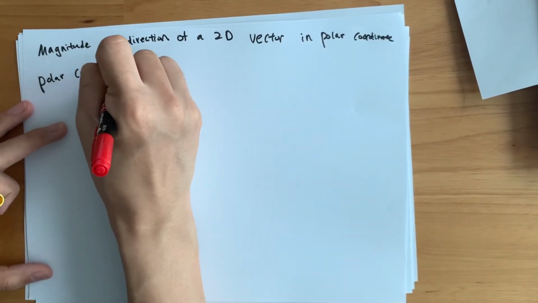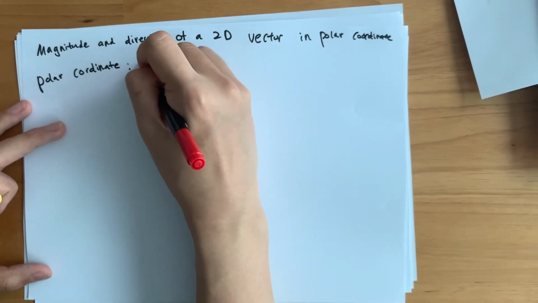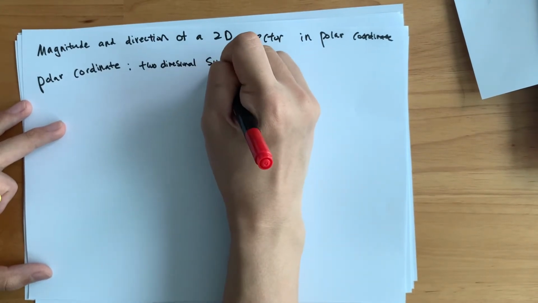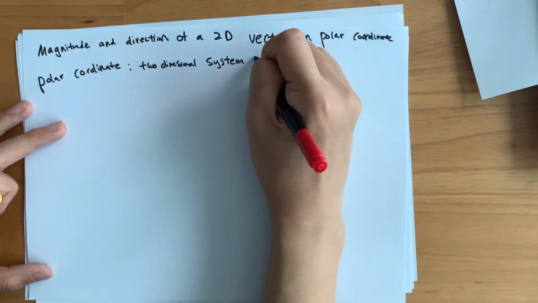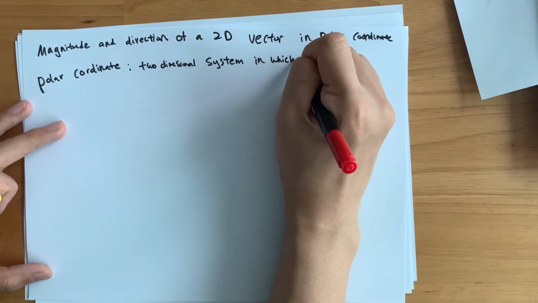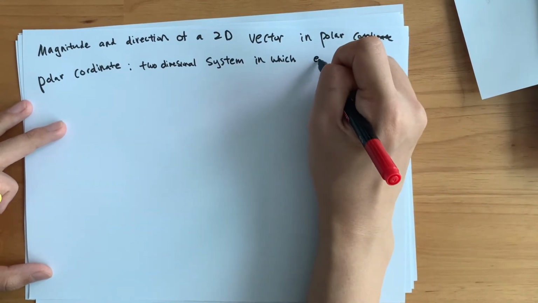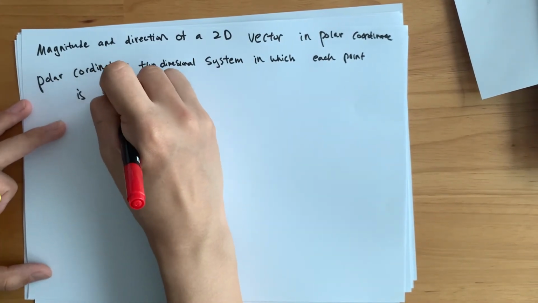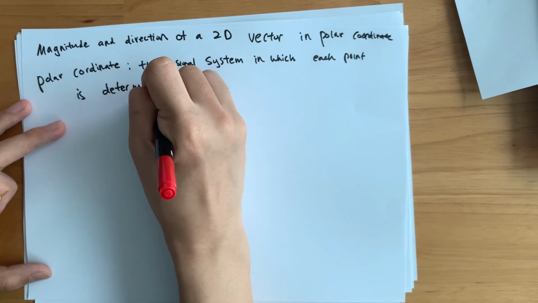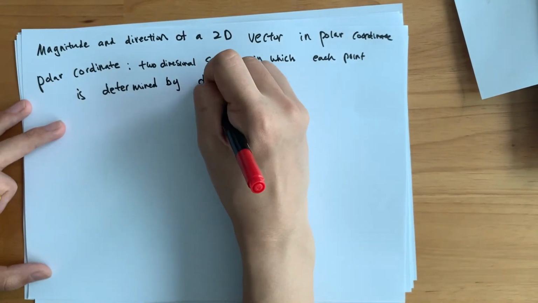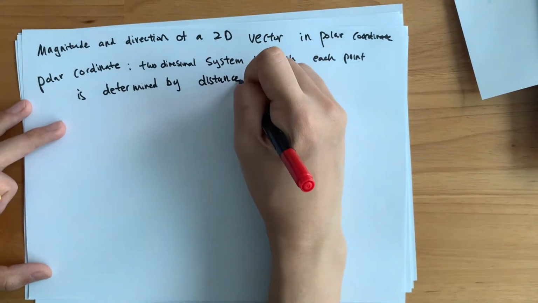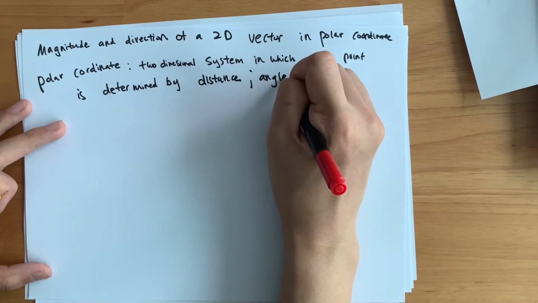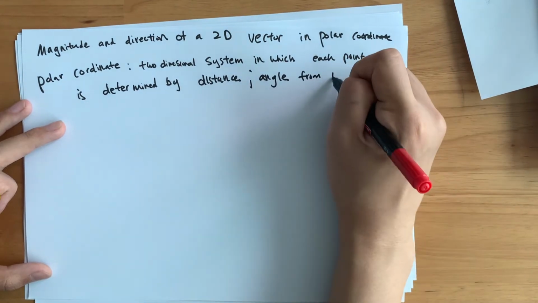By definition, it's a two-dimensional system in which each point is determined by distance and angle from a reference point.